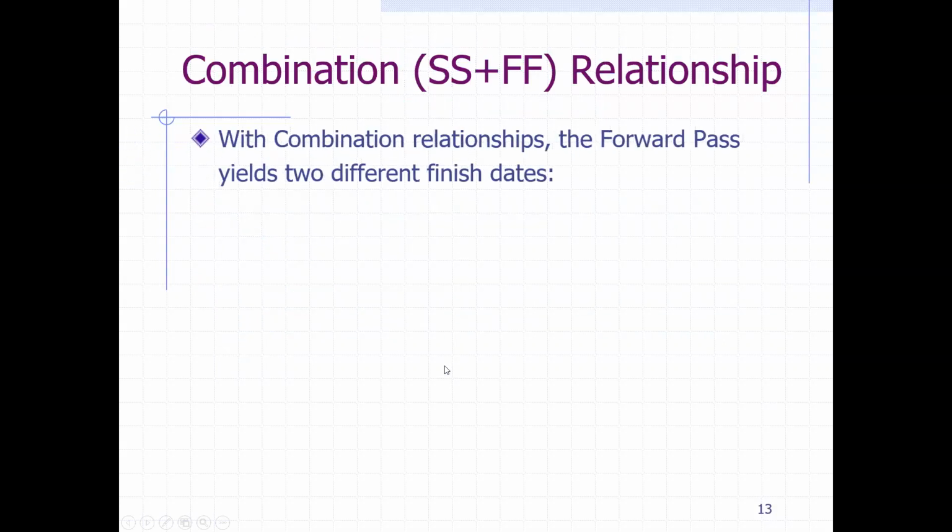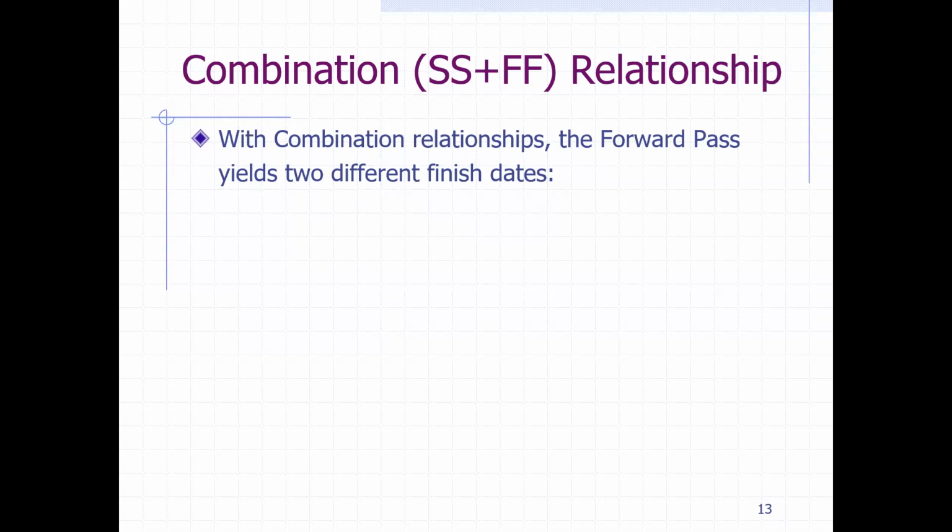This actually takes us to the combination of start-to-start plus finish-to-finish relationships. If you remember, the four relationships we covered in the previous lectures during this chapter were about how to utilize finish to start, start to start, finish to finish, and start to finish.